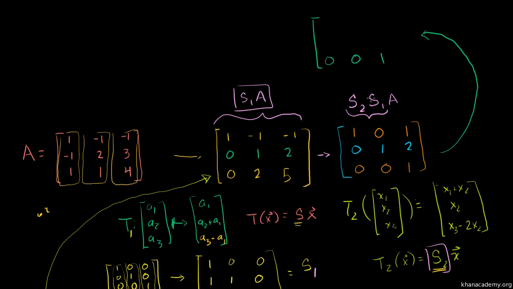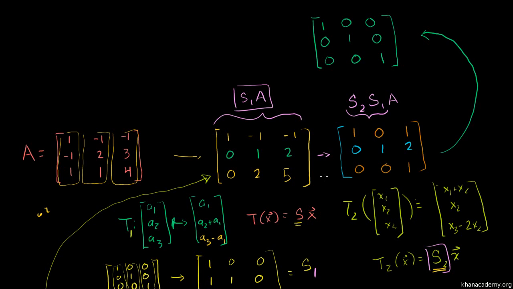And let me replace the second row with the second row minus 2 times the third row. So we get a 0, we get a 1 minus 2 times 0, and we get a 2 minus 2 times 1, so that's a 0. And let's replace the first row with the first row minus the third row. So 1 minus 0 is 1, 0 minus 0 is 0, and 1 minus 1 is 0.